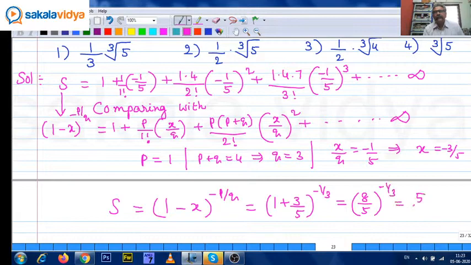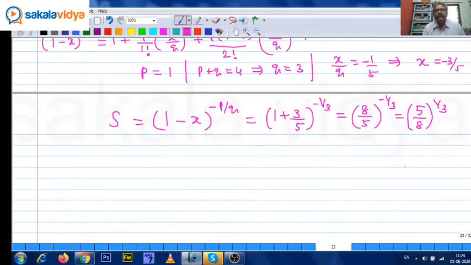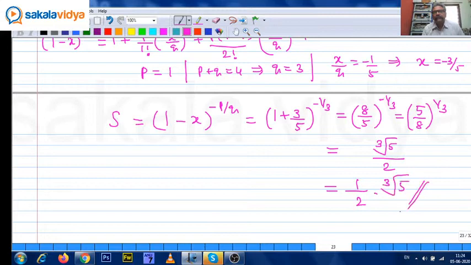This we can write as (5 by 8) whole to the power of 1 by 3. 5 to the power of 1 by 3 means cube root 5, and 8 to the power of 1 by 3 means 2. So 1 by 2 times cube root 5. This is the answer.